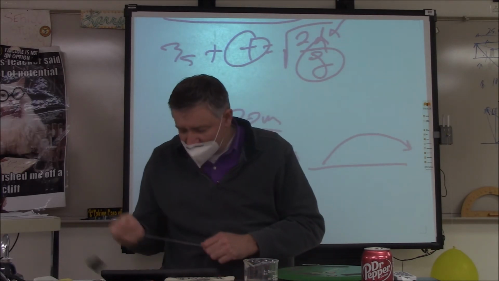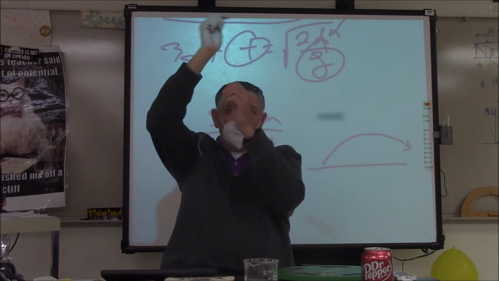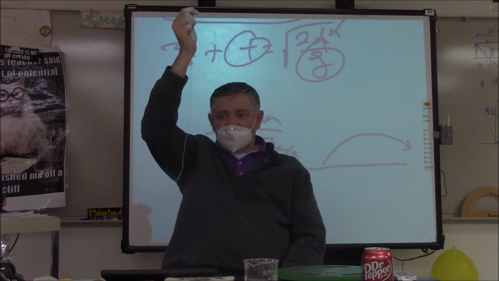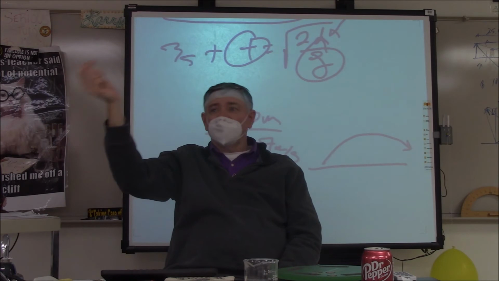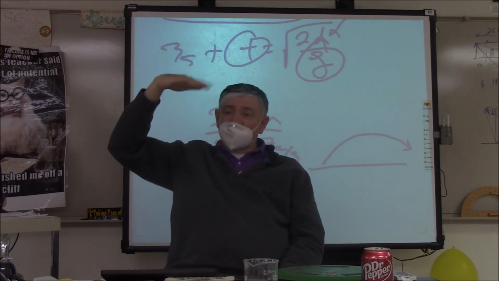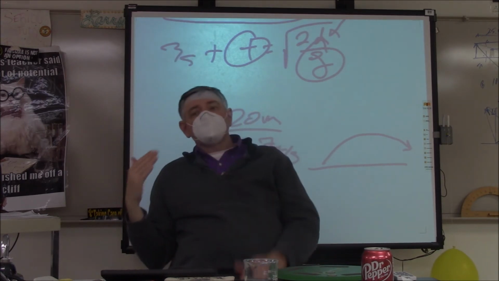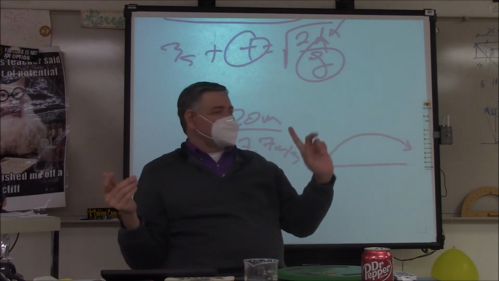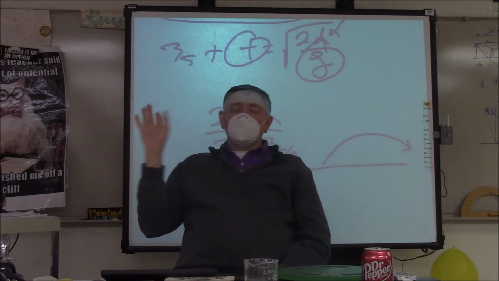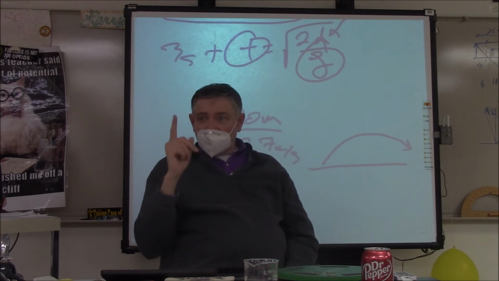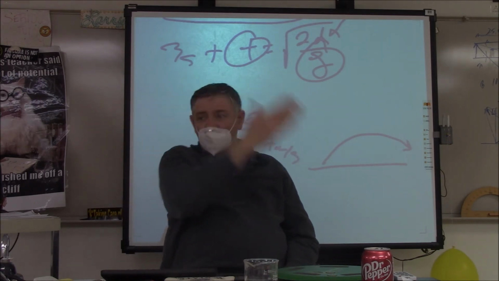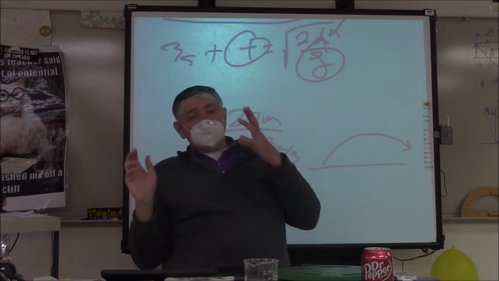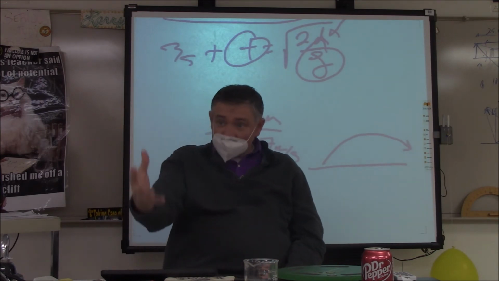So when this thing is swinging around and I let go of it, it's going to go flying off. When I stopped holding onto that string, it went flying off in a straight line, because it's Newton's first law, it's inertia.